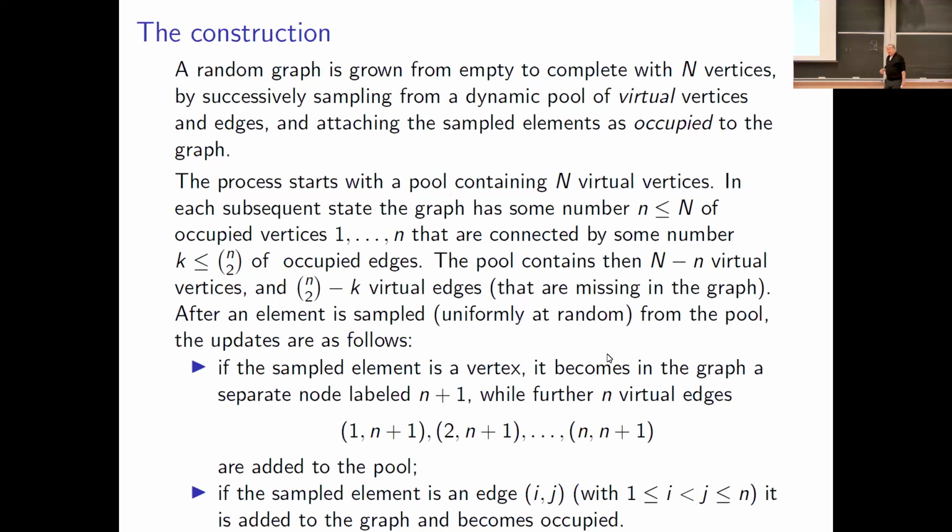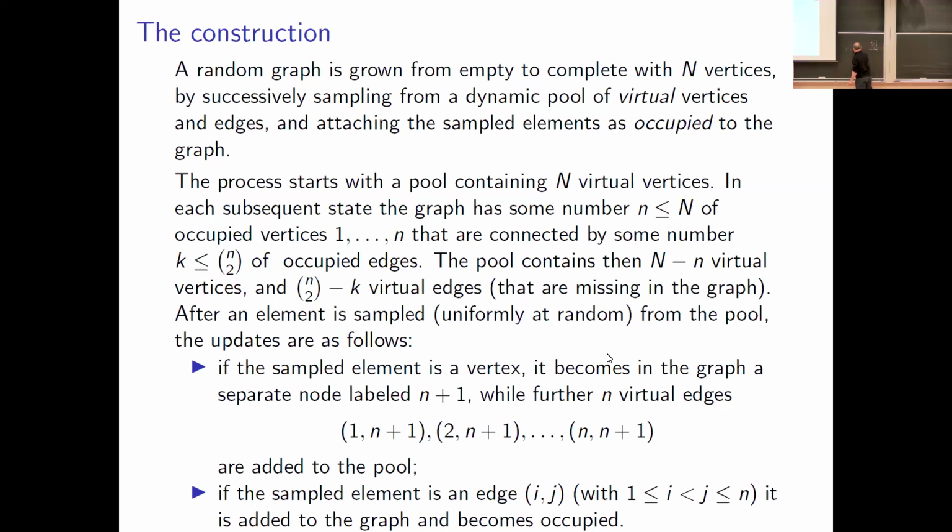Now, potentially, it's possible to draw an edge here. And we put this edge as a virtual element in the pool. So we have now an edge, 1, 2. And keep on sampling. But now we can sample an edge, or we can sample a vertex. Of course, it's more likely to sample a vertex in this situation.